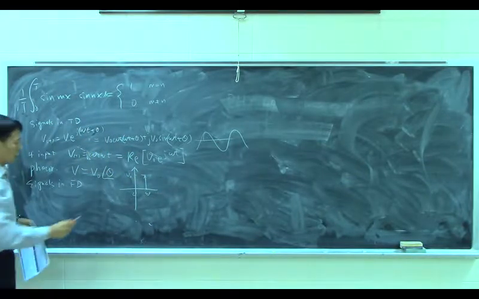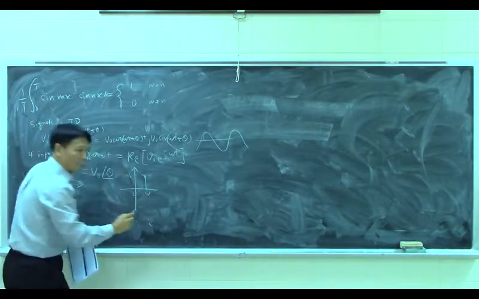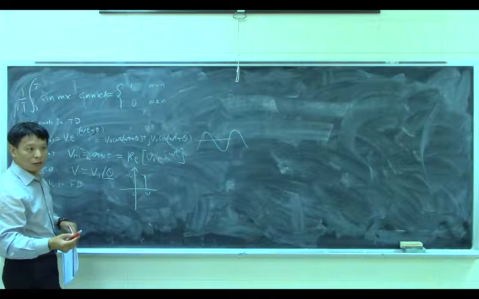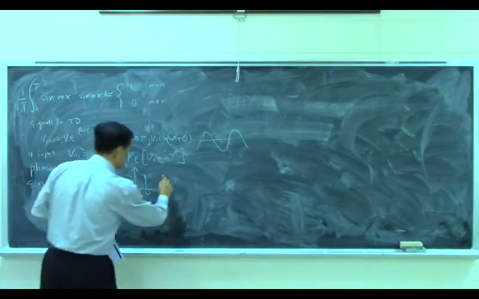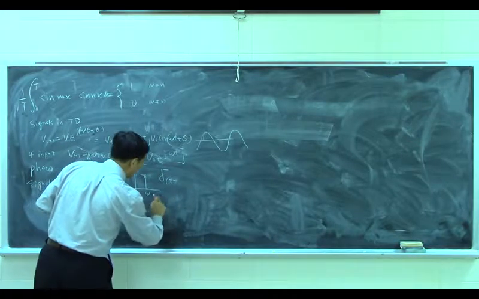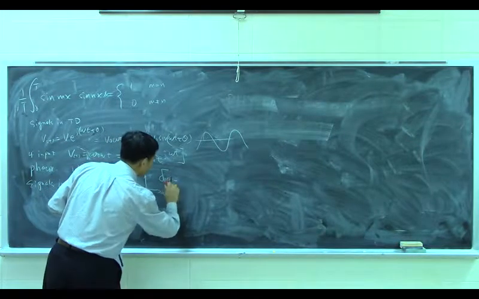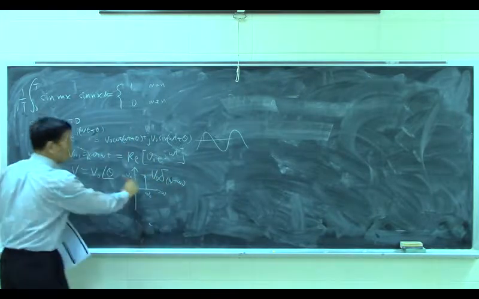And we can represent this mathematically. We know this from ET323, right? This can be represented by an impulse. We use omega minus omega 0, and then times the amplitude.